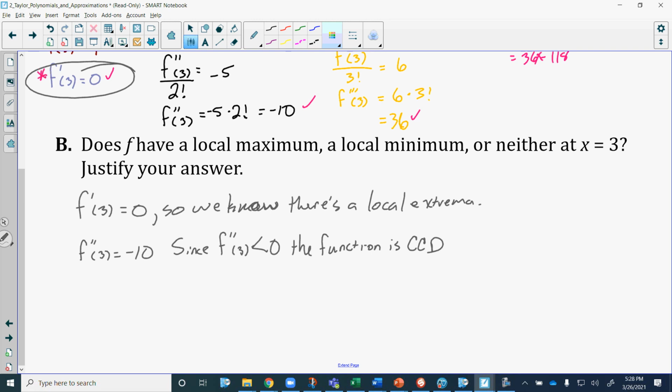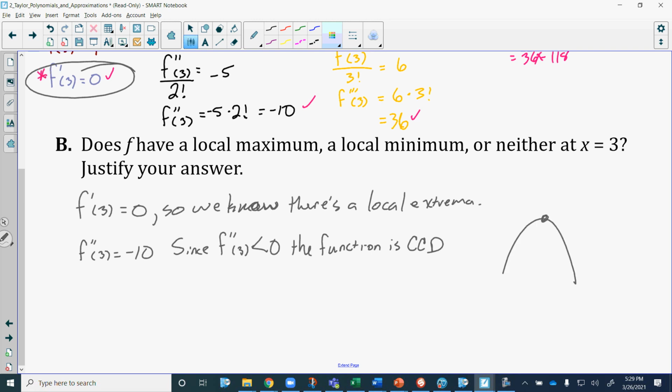So the first derivative test tells us that we do have an extrema at x equals 3, because the first derivative was equal to 0. The second derivative test tells me that because the second derivative is negative at that point, the function is concave down, meaning that we have something like that.